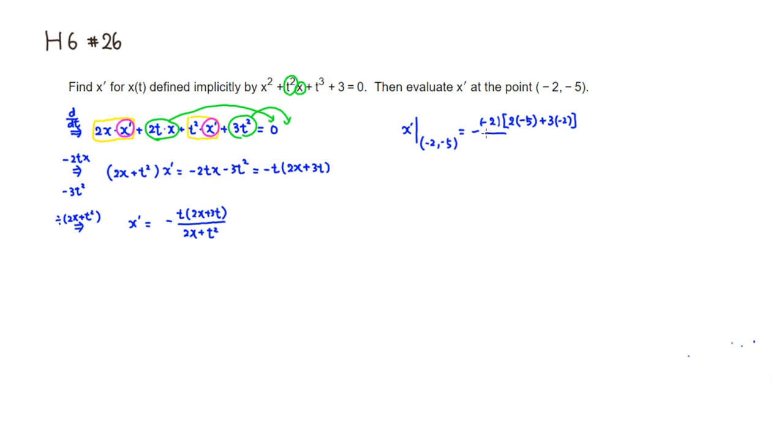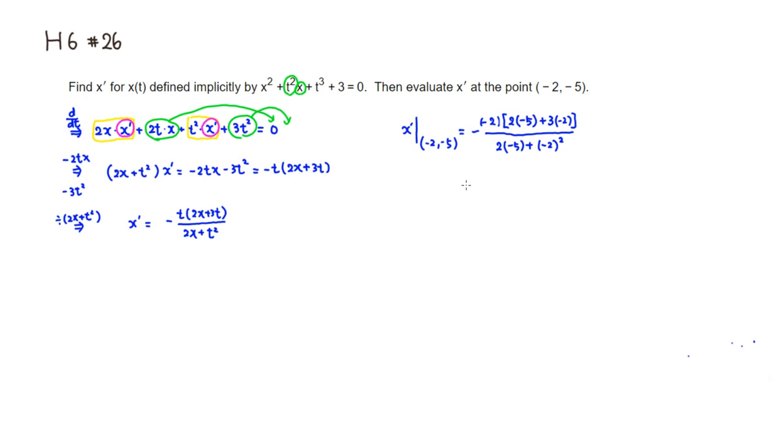Then divided by 2 times x, which is -5, plus t, which is -2, squared. So we have that.